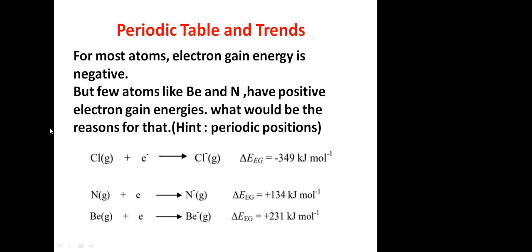Just give me a reason for having positive electron gain energy for nitrogen and beryllium. Please, students, you can answer the question. You don't need to hurry. Take your time and answer. Just think about their electron configuration and the periodic positions. Very simple answer.